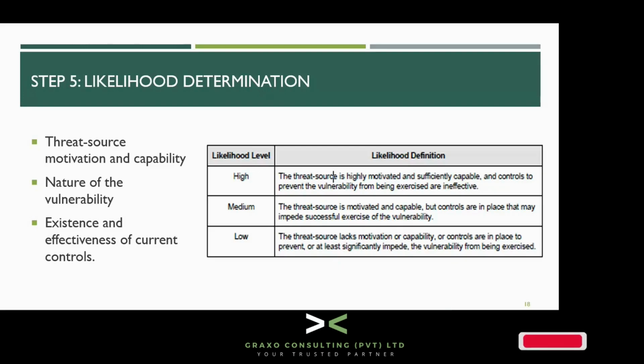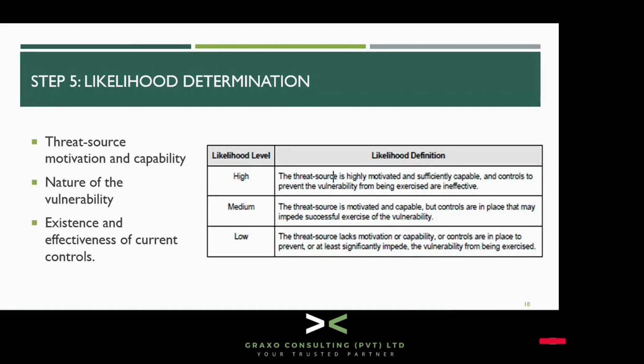So let's look at this diagram. Three likelihood levels are defined. Here we can see in the likelihood level high, the threat source is highly motivated and sufficiently capable to exploit the vulnerability.